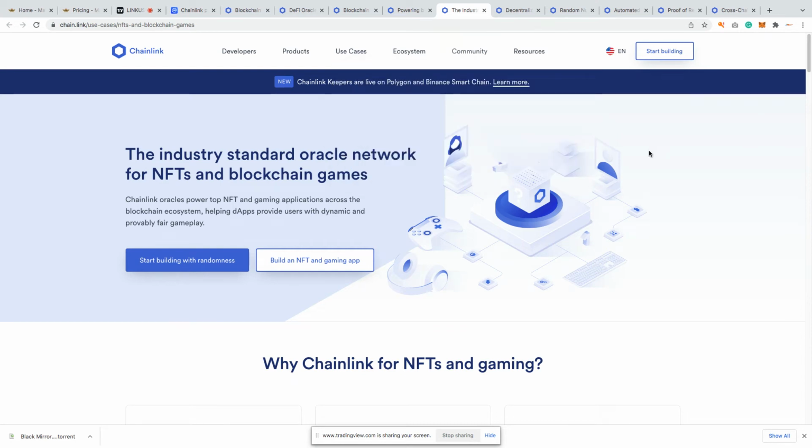Other things that they offer come with NFTs, right? Chainlink oracles power top NFT and gaming applications across the blockchain ecosystem, helping app providers and users. It helps apps provide users with dynamic and provably fair gameplay, right?